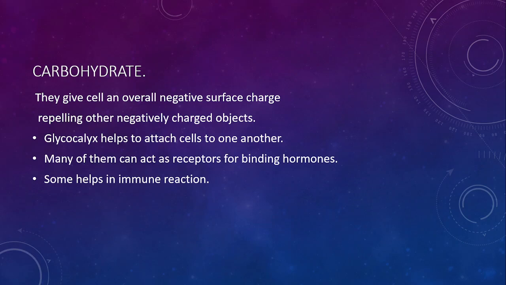As we all know, like charges repel one another and opposite charges attract one another. So if all of the cells contain glycoprotein on their surface, they all have a negative surface charge, so naturally they will repel one another and remain separated. Otherwise they will pile up and form rouleaux, which is found in various pathological conditions.